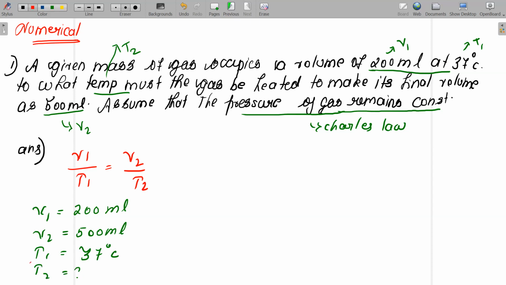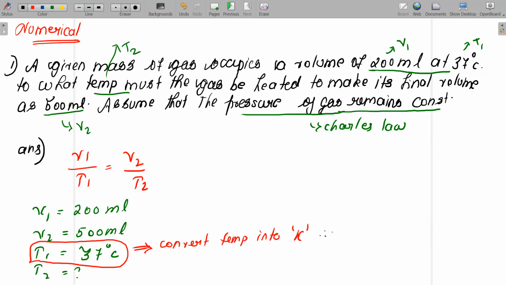Now children, before using Charles' law, you should remember to convert this T1 into Kelvin. How can you convert into Kelvin? You just add 273 to the value in degrees Celsius.